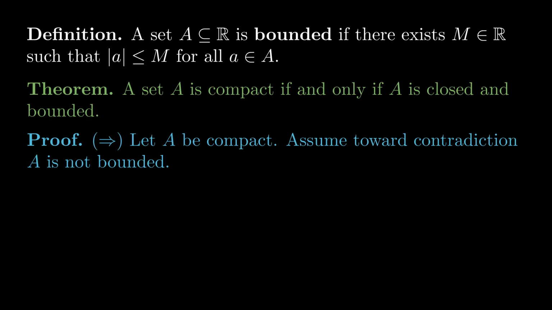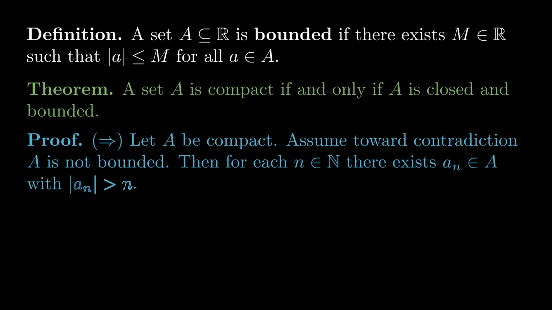There's a variety of ways to detail how you might construct such a sequence, but one natural way is as follows. For each natural number n, there exists at least some specific an in our set A, such that the absolute value of an is greater than n. So we're using the fact that A is unbounded, and so each natural number can't be a bound.